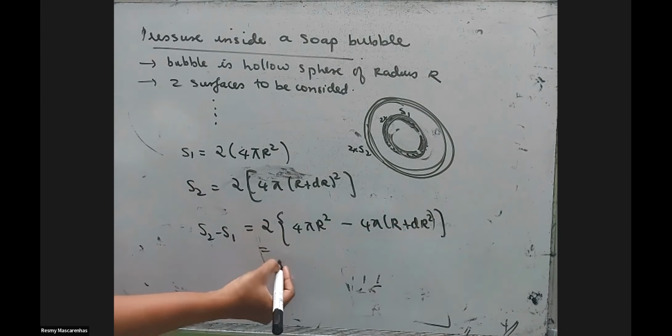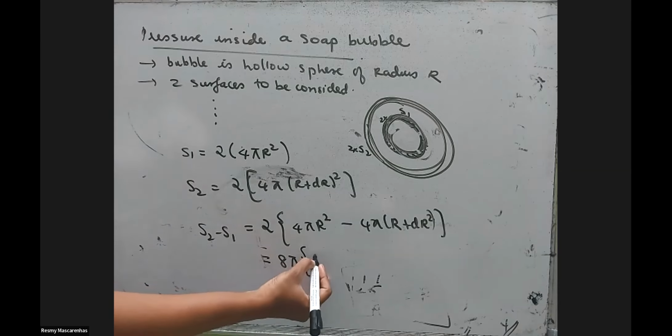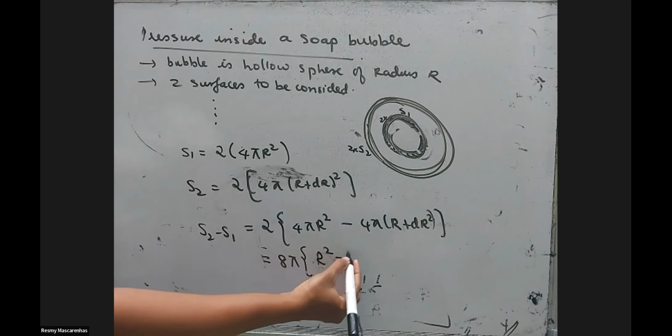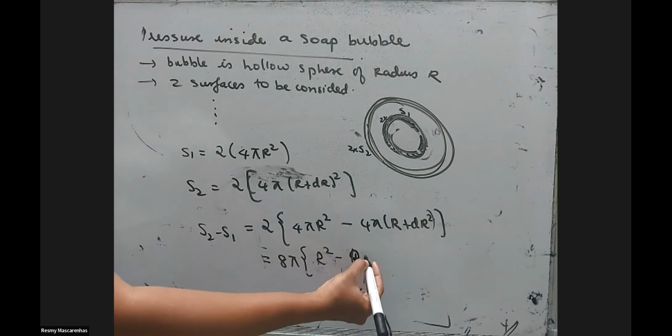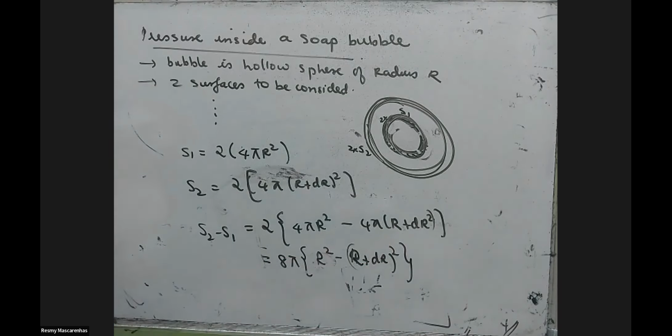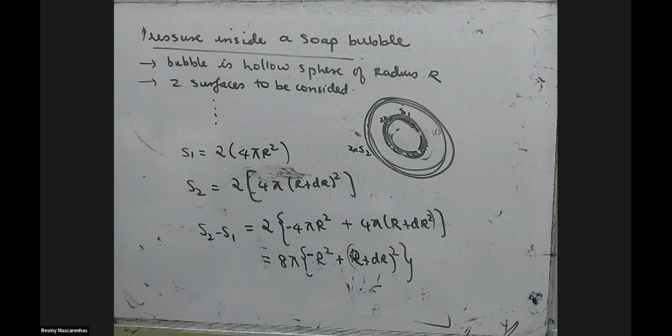Then take out 4 pi, so it is going to be 8 pi, r square minus r plus dr the whole square. S2 minus S1, no wait, reverse. This will be plus, this is minus. S2 minus S1.